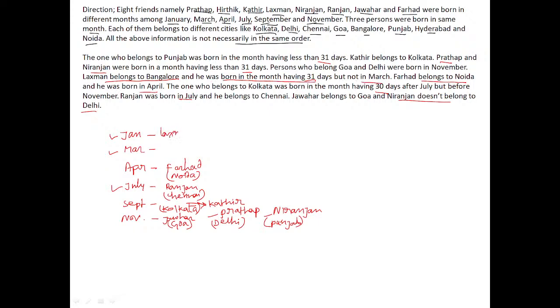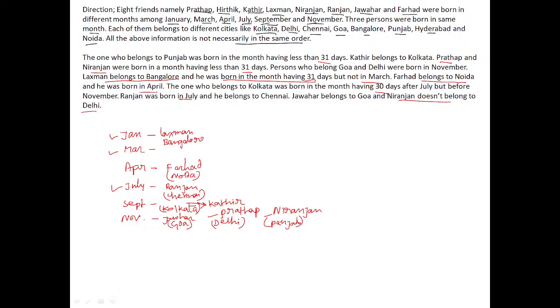Now, after filling up all the other data, both months, January and March, are left, and both have 31 days. We need more data, which says not in March. So that much is confirmed: Lakshman belongs to Bangalore and was born in January, right?